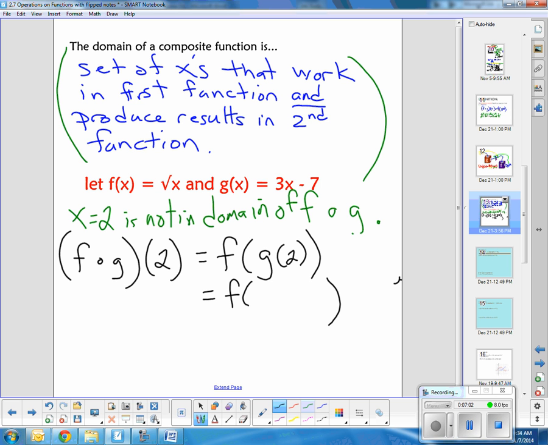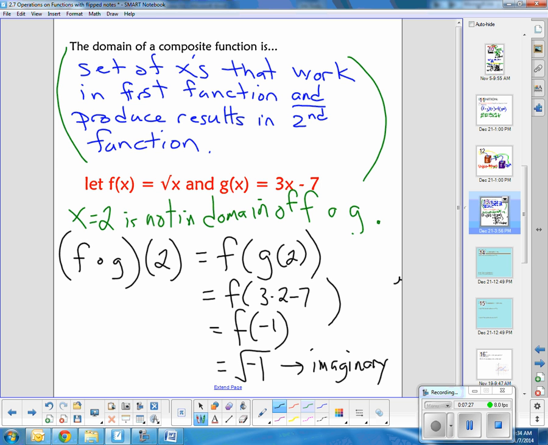G of 2 would be, since the function g is 3 times x minus 7, this would be 3 times 2 minus 7, which becomes f of negative 1. Well, f of negative 1 would be the square root of negative 1, which would be imaginary and nothing we really want to work with.